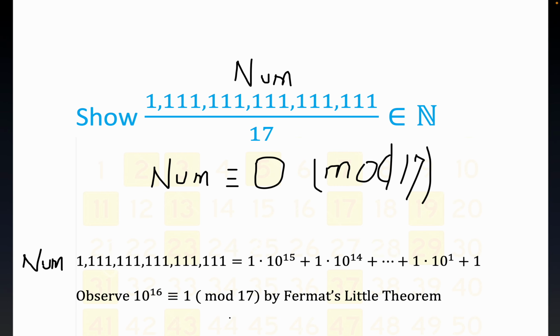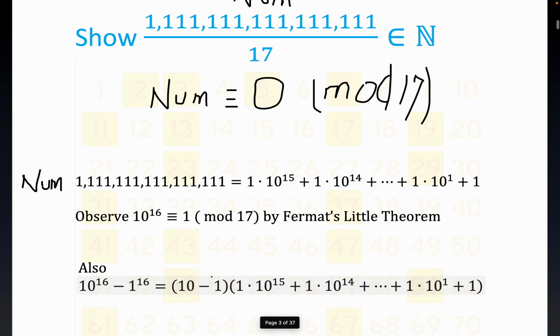A very useful result here is Fermat's little theorem, which says that if P is a prime, then 10 to the P minus 1 is always congruent to 1.